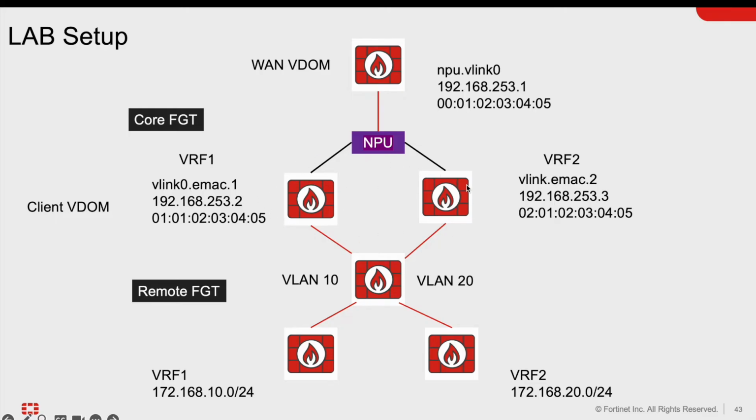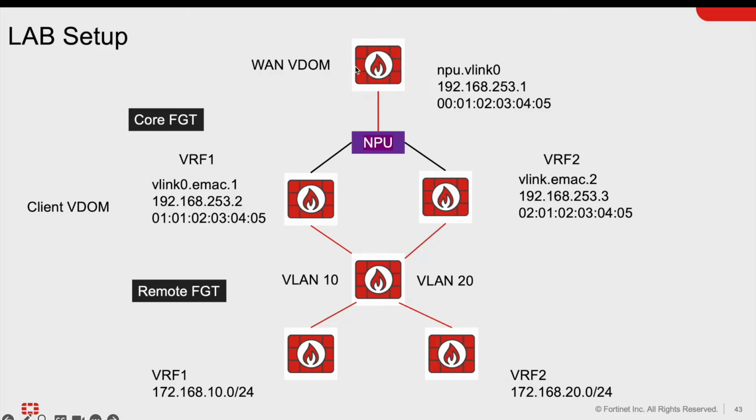Now, whilst I have these shown here as VDOMs, in actual fact, in this use case, they are actually VRFs within my secondary VDOM. You can see their client VDOM is broken down into VRFs. So rather than assigning these EMACs to individual VDOMs, I'm assigning them to individual VRFs within a common VDOM. But it's immaterial. The logic still remains.